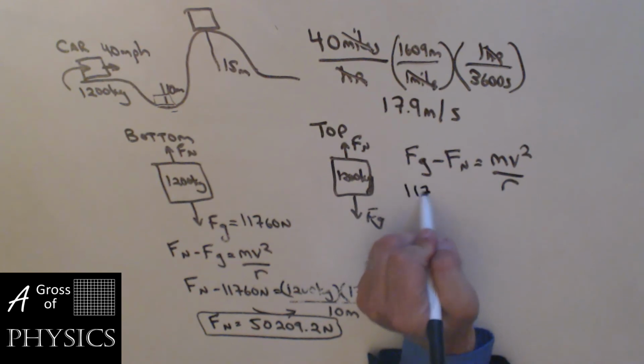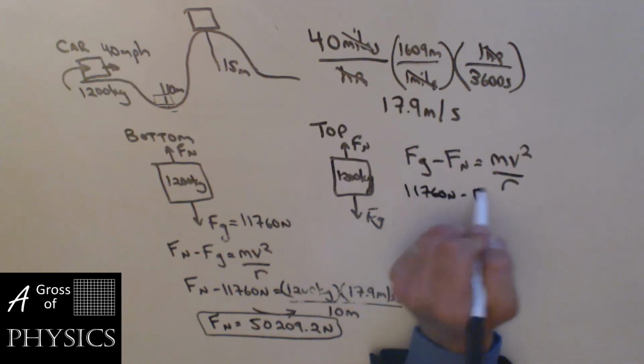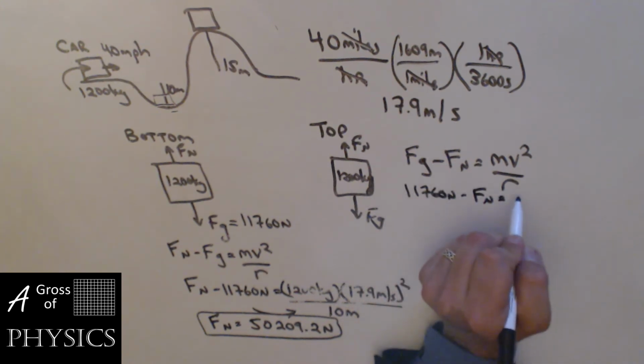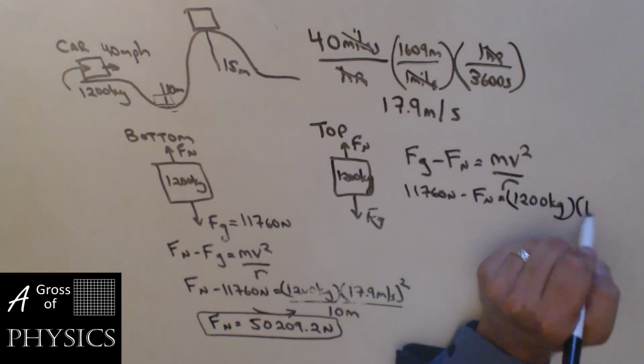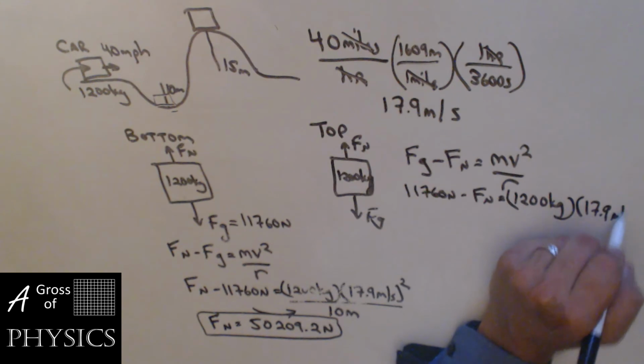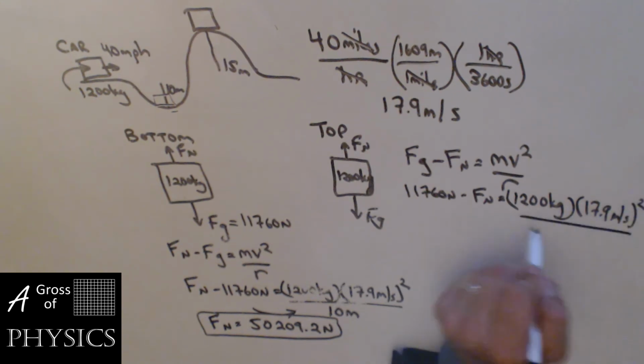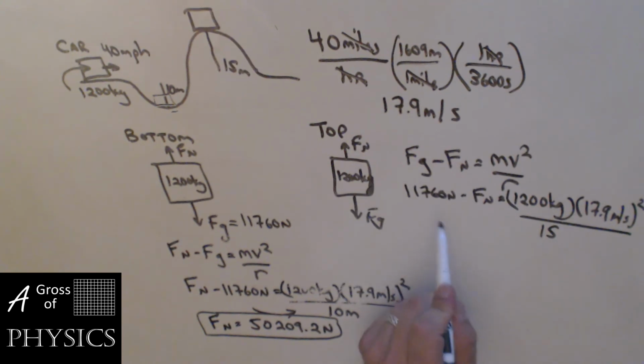The slight difference is that the radius is a little bigger for the second one. So 11,760 newtons minus Fn equals 1,200, 17.9 meters per second, quantity squared, over 15. So what we're going to do now is actually subtract that term from 11,760.